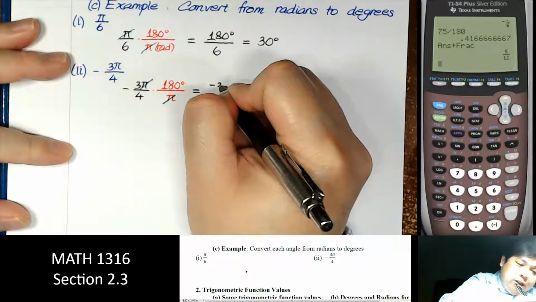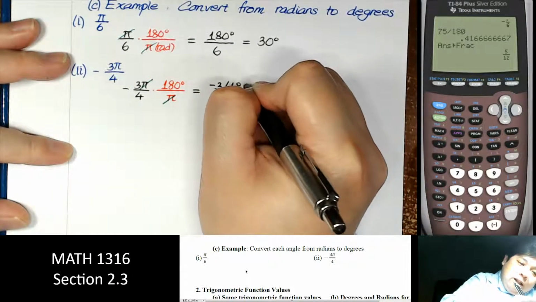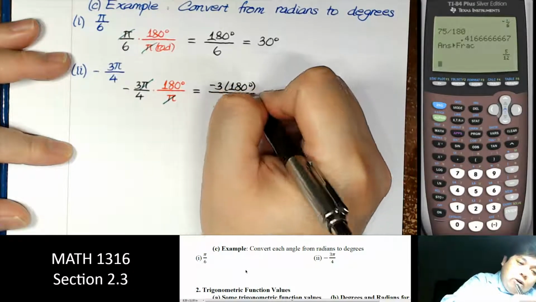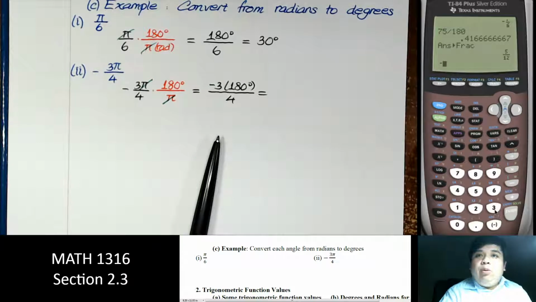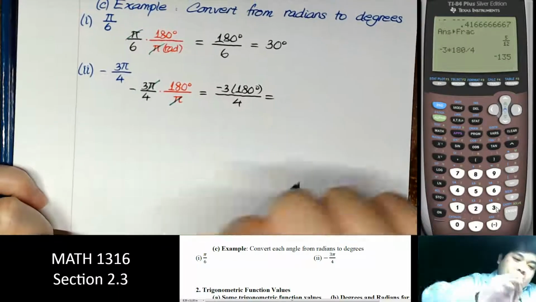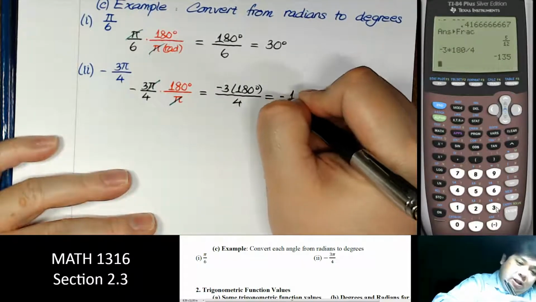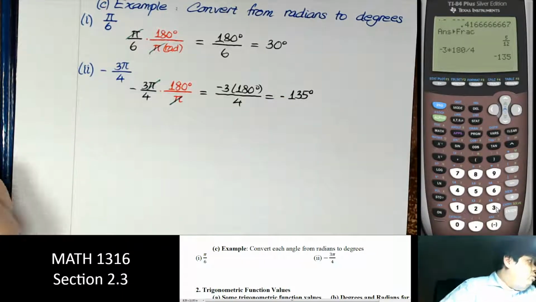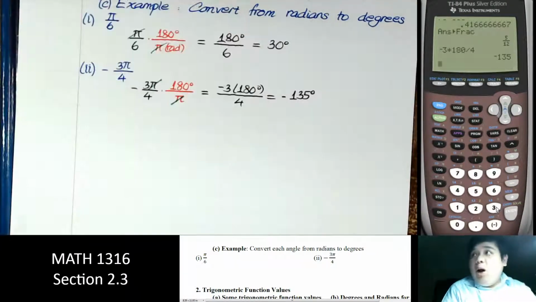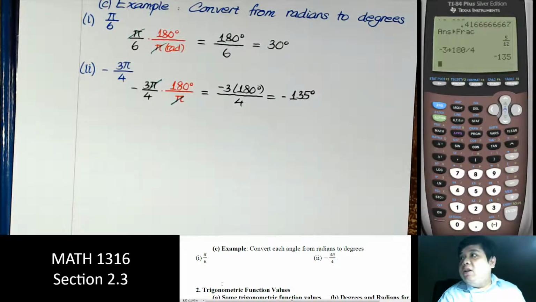We have negative 3 times 180 divided by 4, negative 135 degrees. Now it's very important that we should write degrees whenever we need degrees.